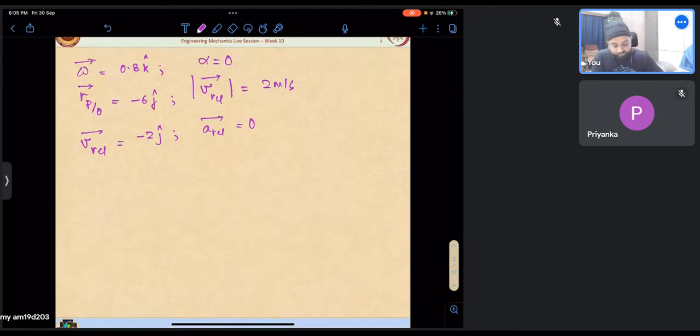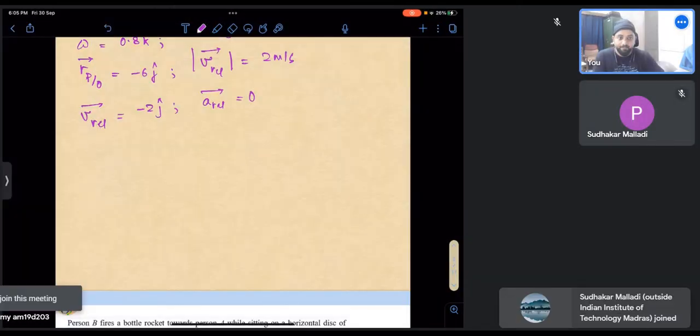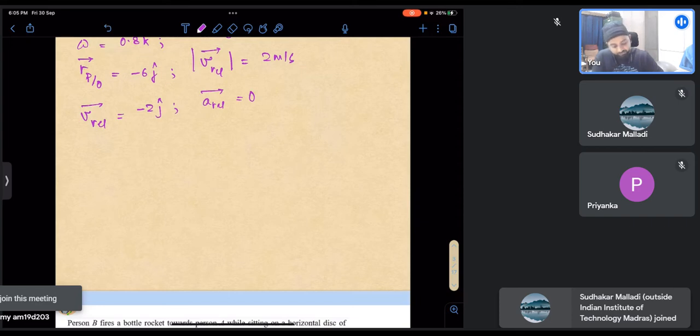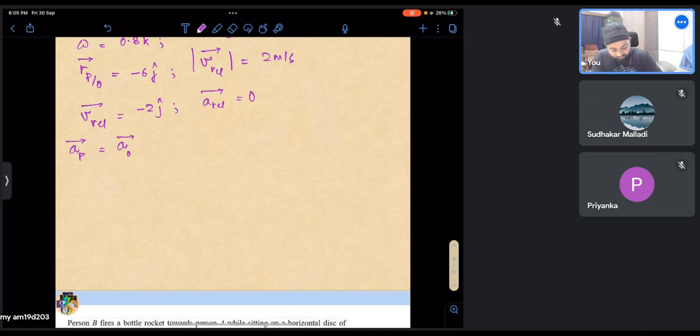So from rotating frame of reference analysis, we can see that the absolute acceleration of the person is a naught plus omega cross omega cross r plus alpha cross r plus the Coriolis component, 2 omega cross v rel, plus a rel.